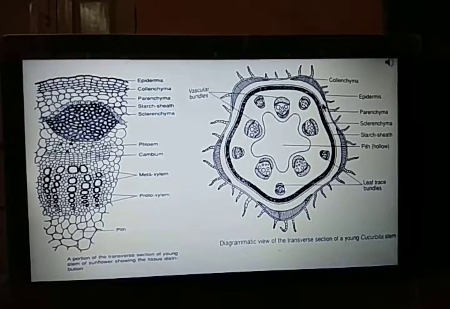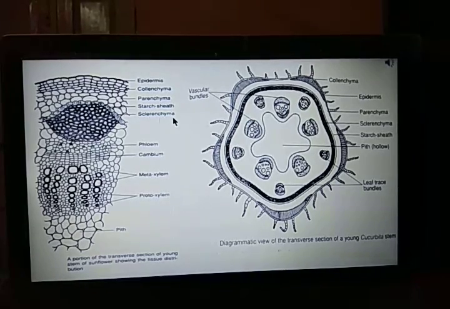Next to the collenchymatous hypodermis, there is a parenchymatous cortex. Here also you have the parenchymatous cortex. Next to the parenchymatous cortex is the starch sheath. Here also you have a starch sheath. Now next to the starch sheath, there may be a sclerenchymatous zone.